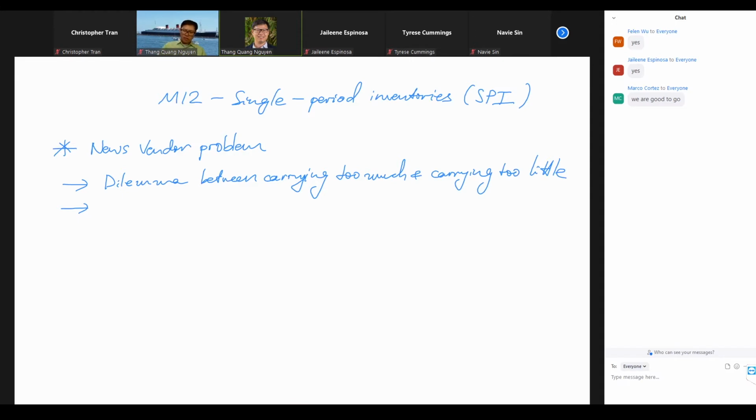But the thing that is more prevalent that we have to deal with nowadays is called the seasonal goods problem. We have many seasons in the year.